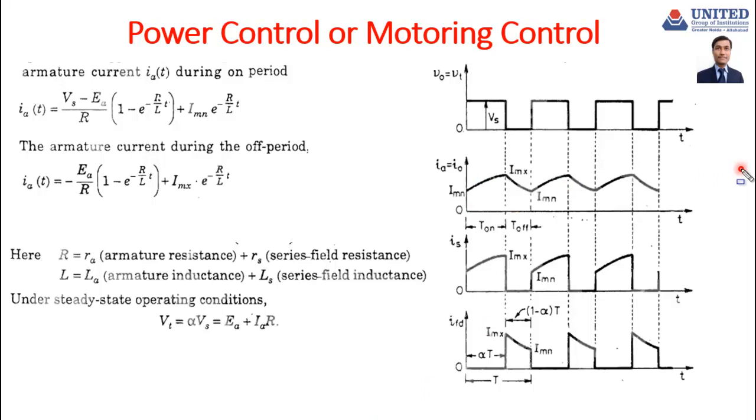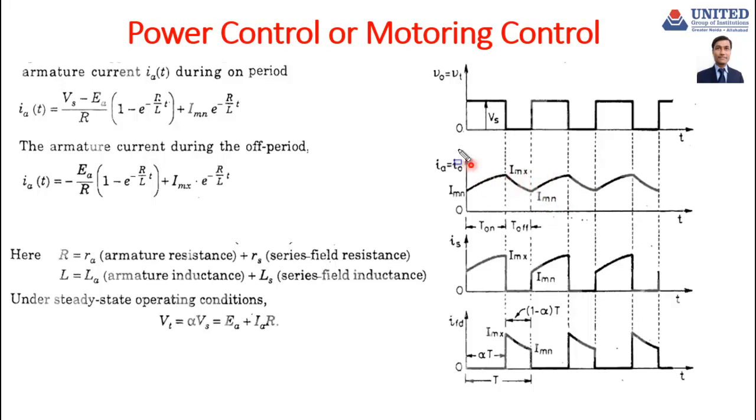Then when the switch is on, input voltage is applied across the armature, and then the armature current will increase from I min to I max, that is minimum value of current to maximum value of current, and also falls from maximum to minimum.